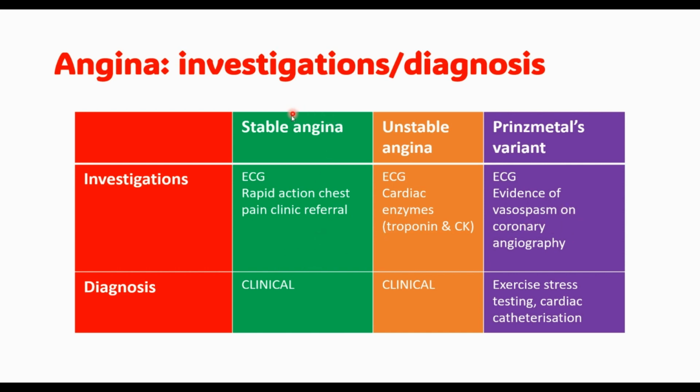Okay, so stable angina and unstable angina are clinical diagnoses, but to diagnose Prinzmetal's, they can sometimes do exercise stress testing, and the patient will be hooked up to an electrocardiogram, an ECG, and they can look for these ischemic changes on the ECG. Cardiac catheterization is also important because it helps to rule out an atherosclerotic process and narrowing of the coronary vessels as an alternative cause.